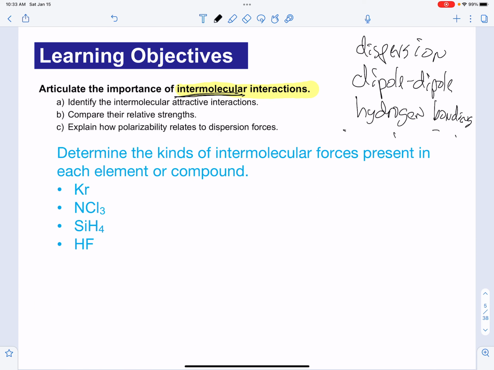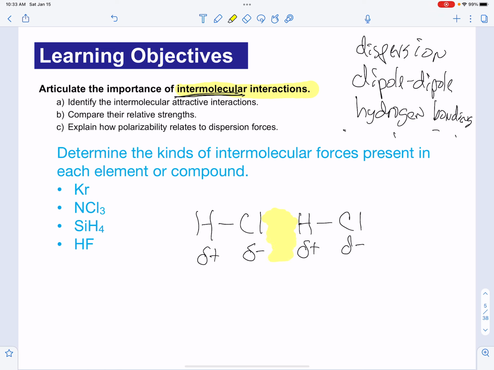If I have a molecule of hydrogen chloride, which is partially positive, partially negative, a polar molecule, a dipole, and I have another molecule of hydrogen chloride close by, which is partially positive, partially negative, there's going to be an interaction between the two of them.